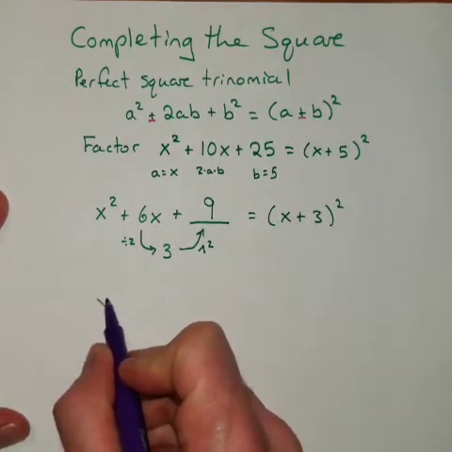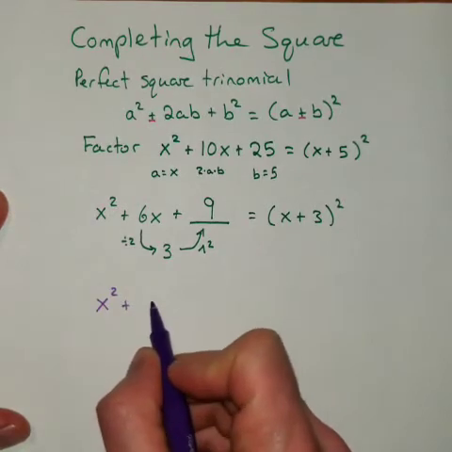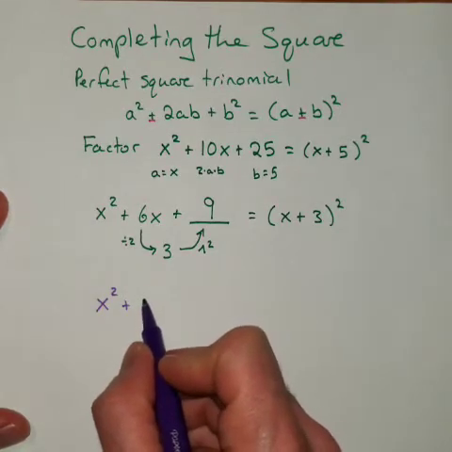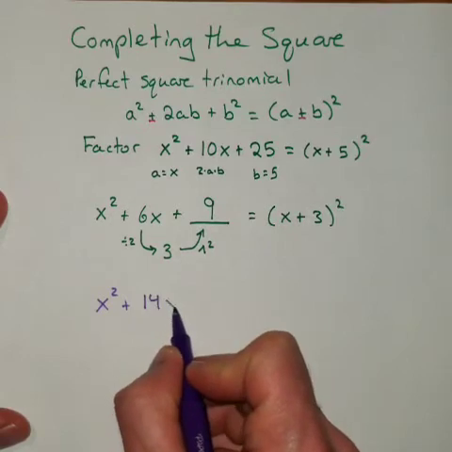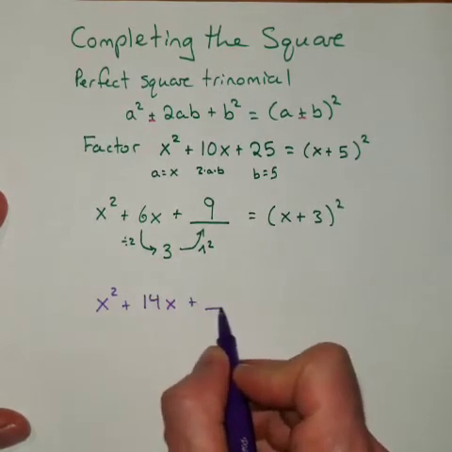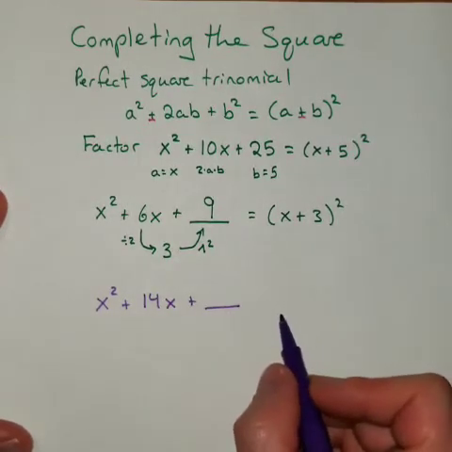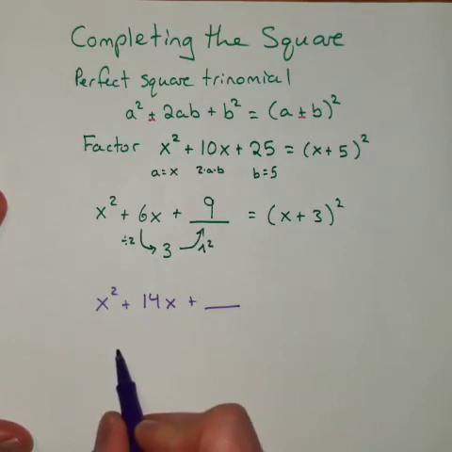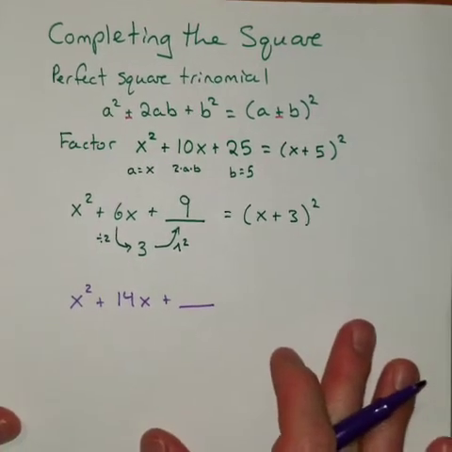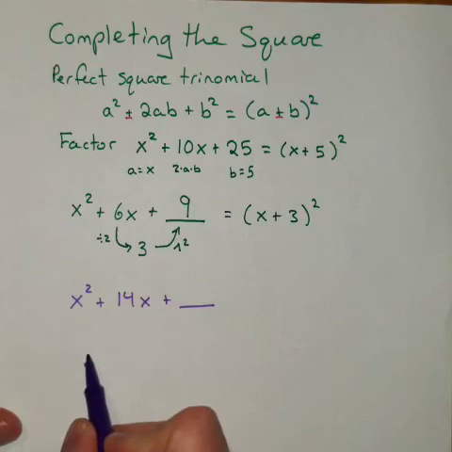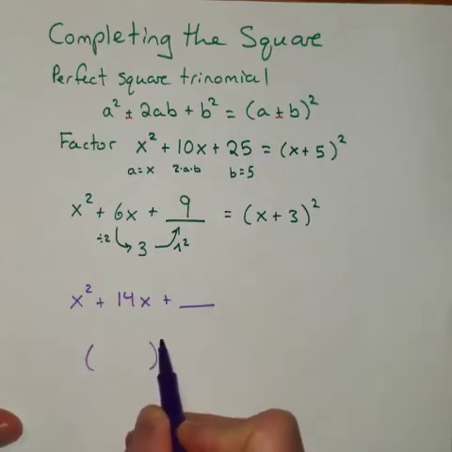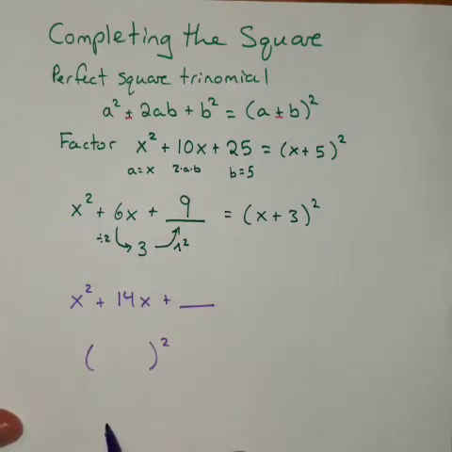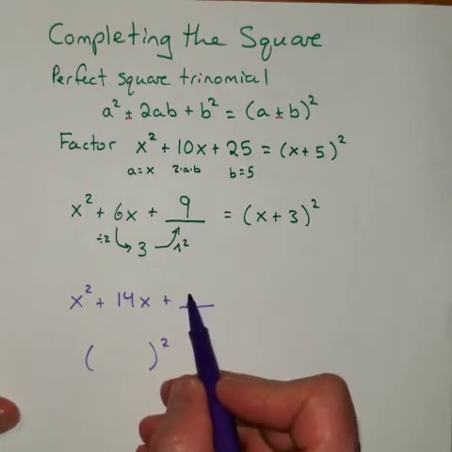So let's try another example. x squared plus, let's say, 14x plus blank. And then the factored form, in fact, I'll put the factored form underneath here. I'll slide this over. Okay, so we're trying to figure out what goes into the parentheses and what goes on this last term.